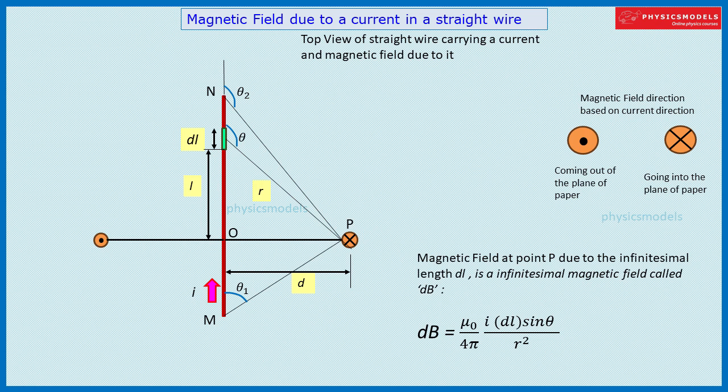The point M, which is the lower edge of the wire, subtends an angle theta 1 with P, and the point N, which is the upper edge of the wire, subtends an angle theta 2 with P. The radial distance OP is d, and the distance of P from the infinitesimal length dl is equal to a radial distance r.